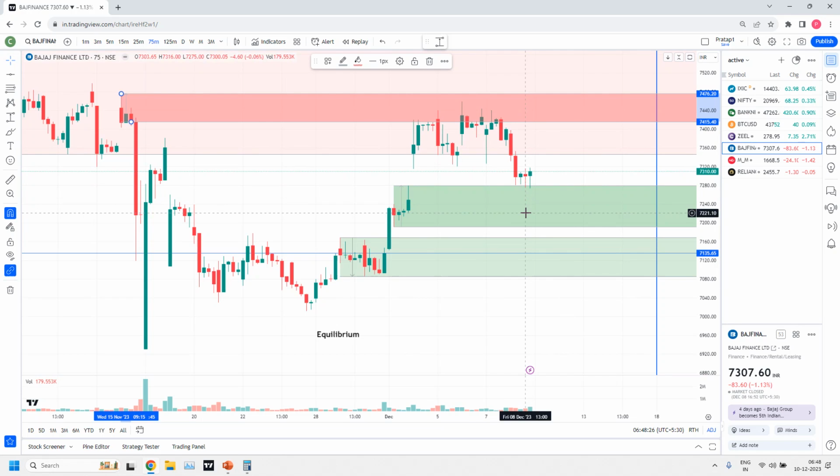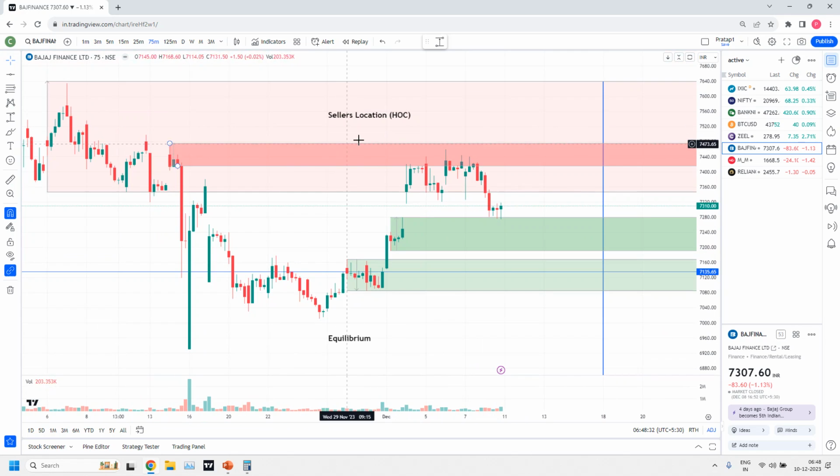So is this concept clear? Now we have to calculate what the risk and what the reward is. Because this is in the supply sellers area, for this particular stock we should plan only short trades. So what is the risk? What is the reward? What is the entry? Entry is this type 2 proximal entry. This is our entry and this is our target.